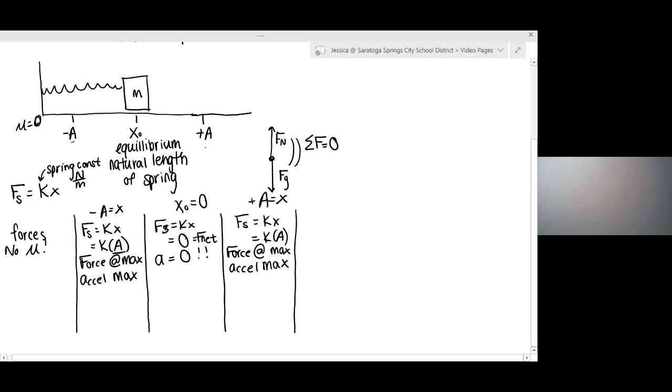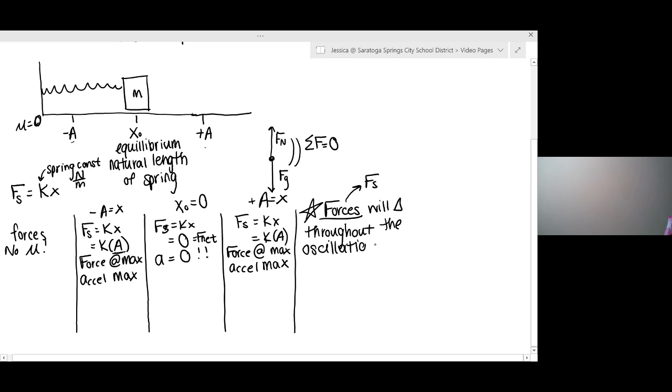One thing to keep in mind is that the forces will change. When I say forces, I mean Fs, the spring force, which changes throughout the oscillation.